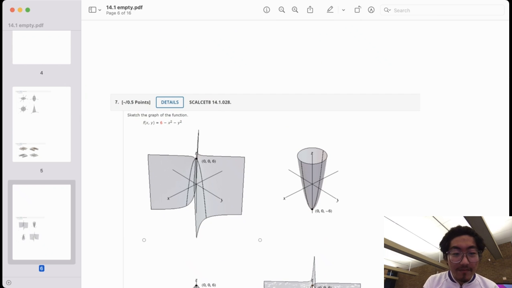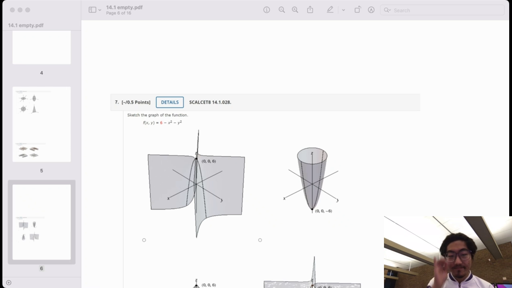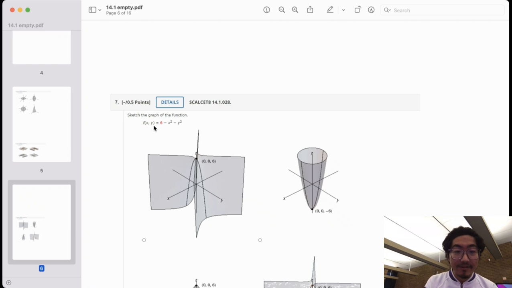Now, sketch the graph of the function here. As we get to sketching the graph, I will introduce more. Here we find f(x,y), for any function, can be transformed into z.